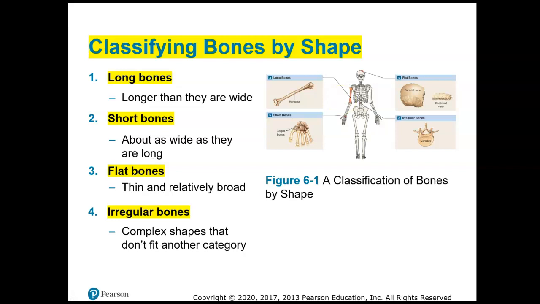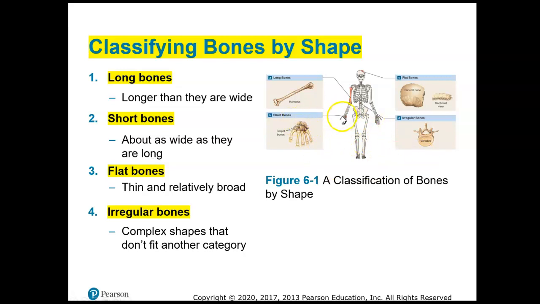So the humerus is the bone that's found there. And also the radius and ulna would be long bones. The radius is the bone that's found alongside of the thumb, and the ulna is found on the medial side, on your pinky side. Short bones, the best examples are the carpals and the tarsals.